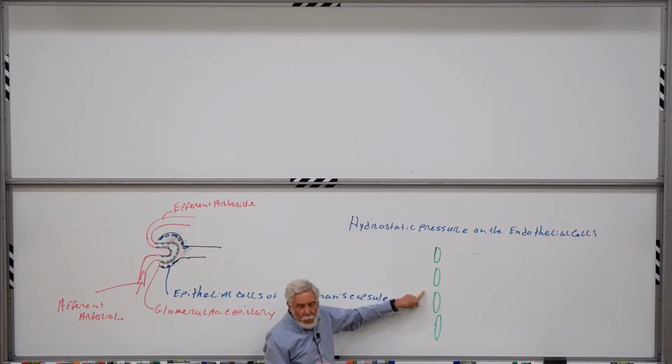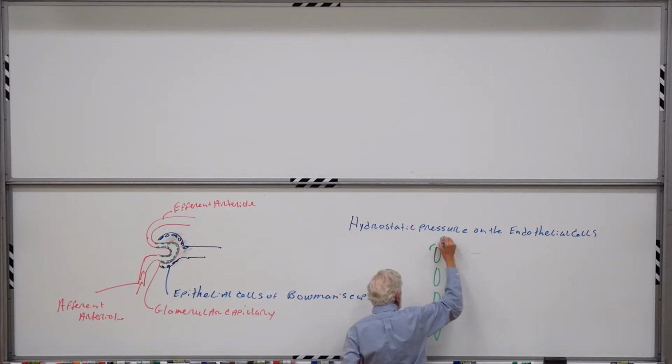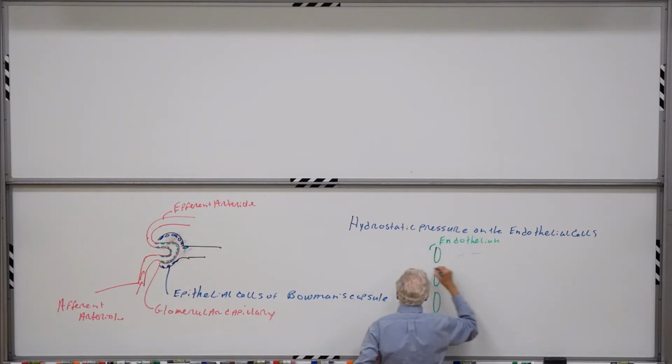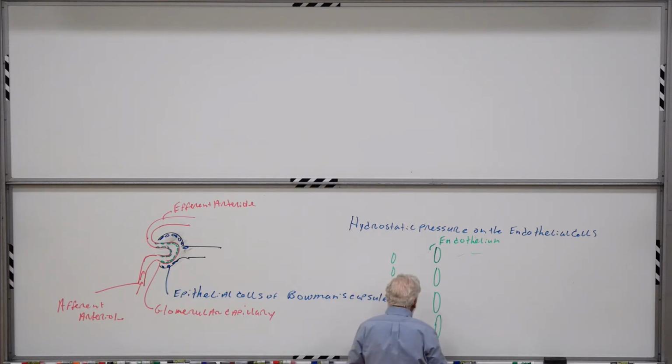They have sizable gaps between them. These gaps are such, where if these are the endothelial cells, and we imagine these are in parallel so we can think about them in 3 dimensions as being a cylinder, there's now this hydrostatic pressure against the wall of 55 millimeters of mercury.